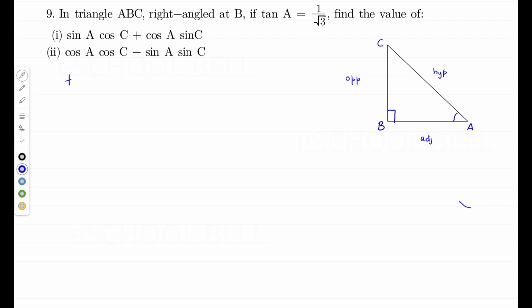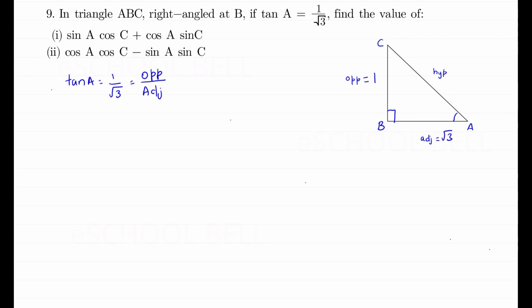We are given tan A is equal to 1 by root 3. What is tan A? Opposite by adjacent. Therefore, opposite will be 1 and adjacent will be root 3.